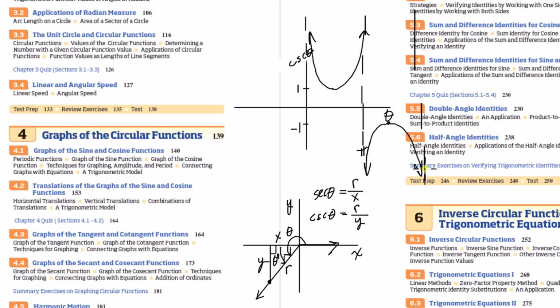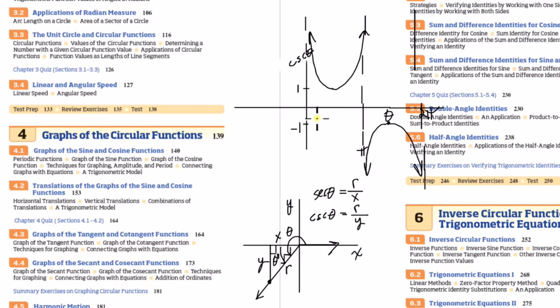This next vertical asymptote is at 2 pi. And that makes sense because when we get here, we're at positive infinity. Then when we cross over, we have r divided by a small negative number, that's negative infinity. We increase towards negative 1 because you have r divided by r, but y is negative, and then it goes back towards negative infinity. So yeah, there you go.